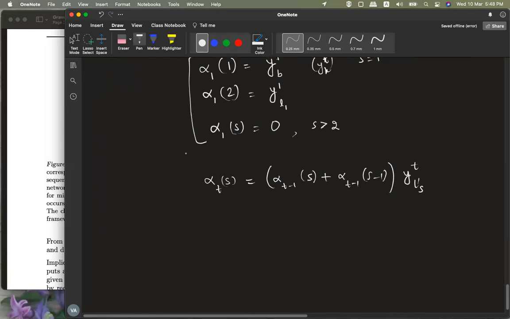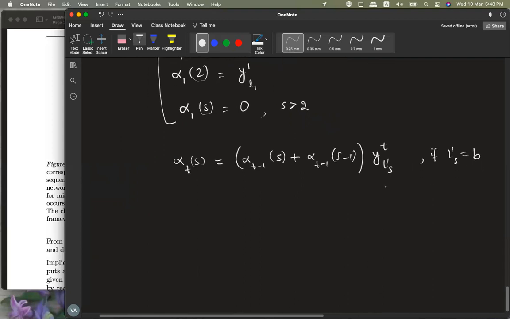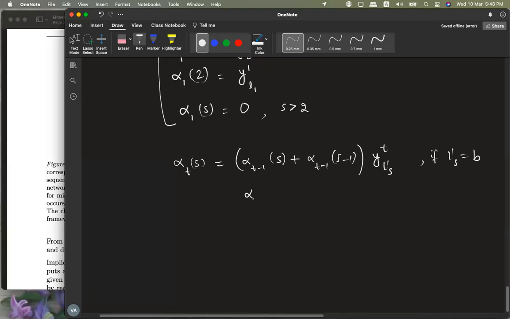So this form is applicable if my L dash S is a blank, right? But if it is not a blank, then I can also come from the previous to previous state: alpha t minus 1 S plus alpha t minus 1 S minus 1 plus alpha t minus 1 S minus 2.